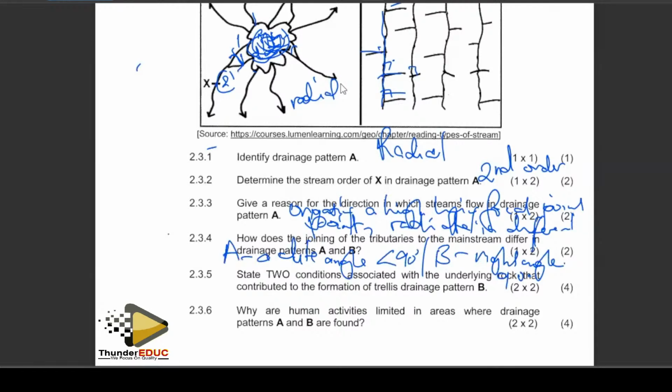That's the difference there. State 2 conditions associated with the underlying rocks that contributed to the formation of trellis in pattern B. Where does trellis pattern form? Right, a trellis pattern basically forms in areas of rocks of alternating resistance, or where we have hard and softer rocks.